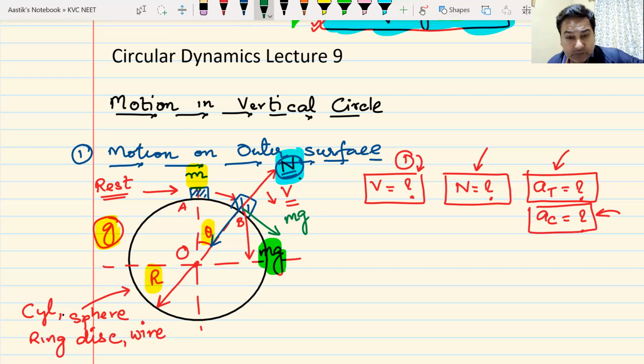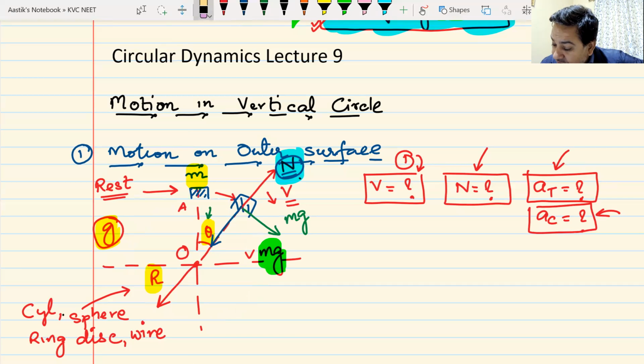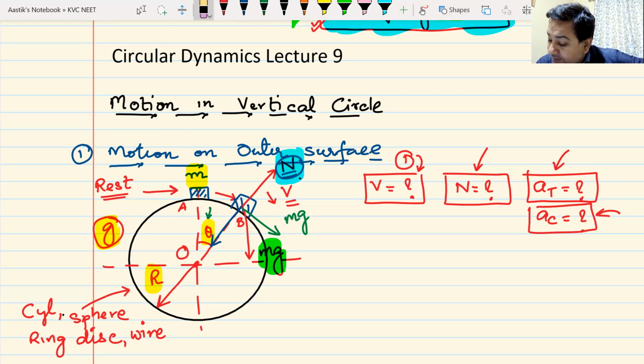Now, how do we resolve this? As you can see, this angle is theta. Let me take this b out. So, this angle is theta. This angle also becomes my theta, alternate angles. Mg is downwards.